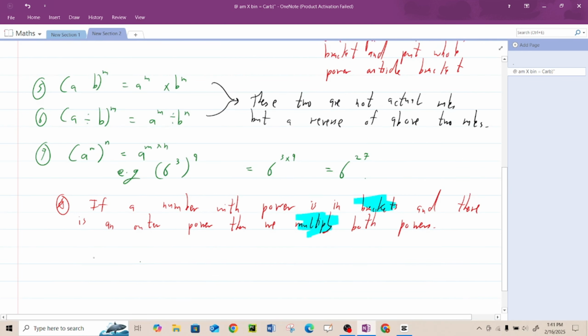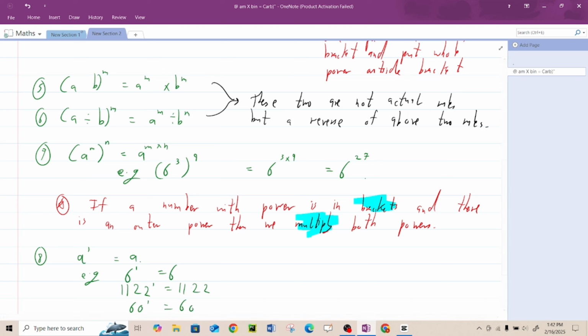Now the next rule is a bit easy to remember: any number to the power of 1 is going to equal itself. For example, 6 power 1 is 6, 1122 power 1 is 1122, or 60 power 1 is 60. So anything to the power of 1 is itself.